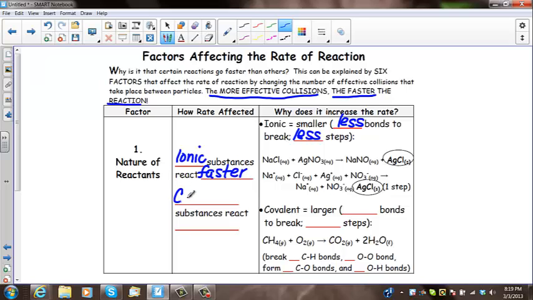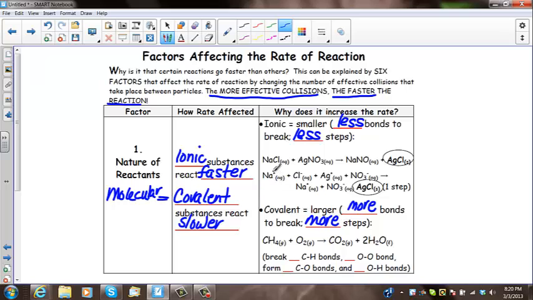Whereas covalent, or remember that means molecular, substances react slower. Why? Because generally, if they're covalent, they're all nonmetals and they're much larger. So they have more bonds to break, which means more steps.